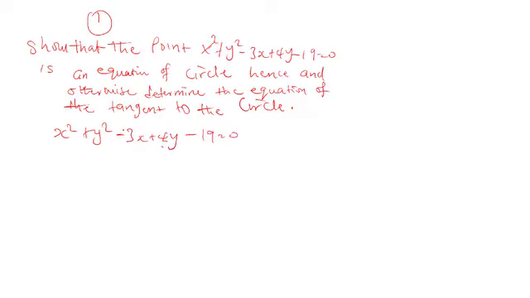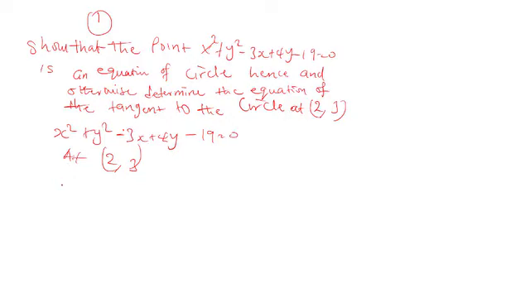To prove it at point (2, 3), we substitute x as 2 and y as 3 to see if we have 0. If we have 0, then it's actually an equation of a circle.